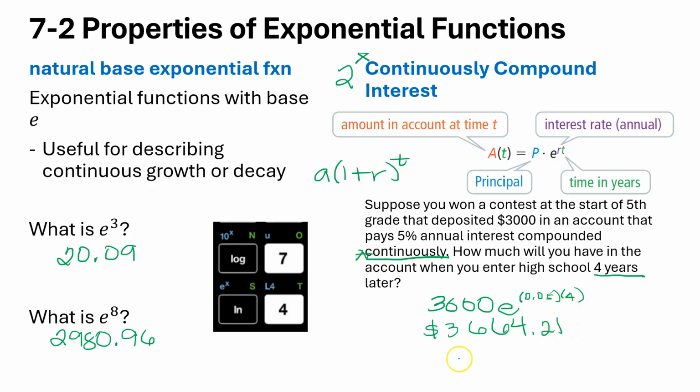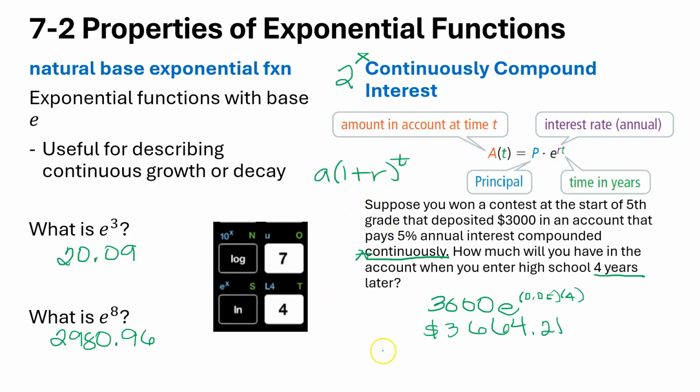Now let's compare it with the normal. Let's say the problem did not say it's compounded continuously, and let's compare which one will give us a higher amount of money. So if we use the old formula, and again, let me just switch to a different color. So this is if it was a normal annual interest, okay?